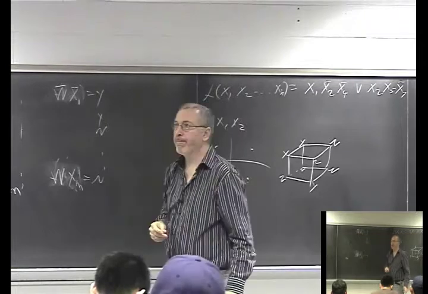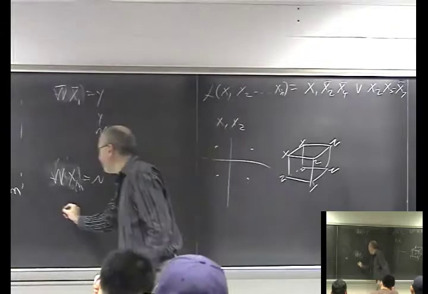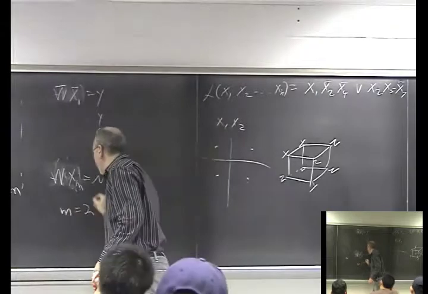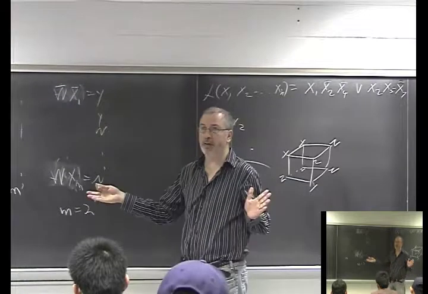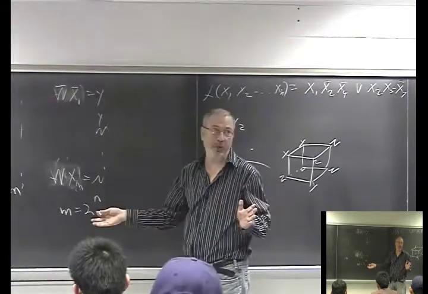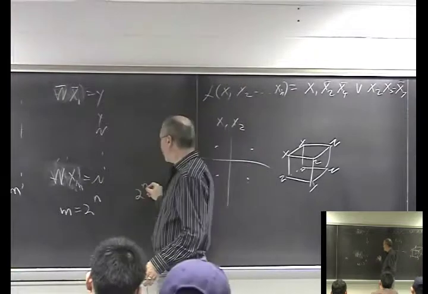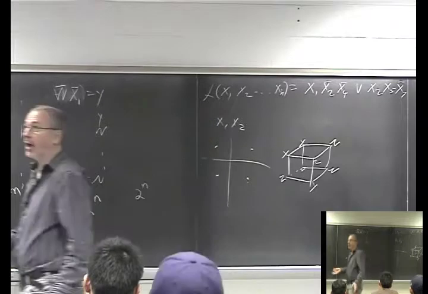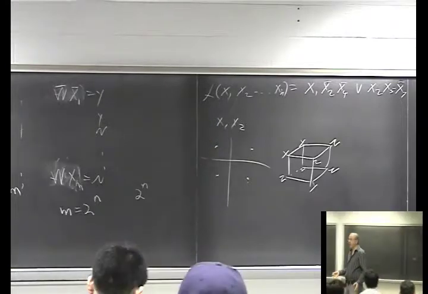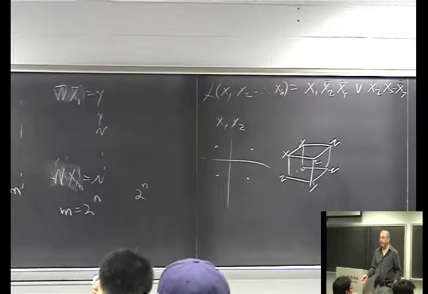The problem is that m is 2 to the n. For the full description of the function, there are 2 to the n possible inputs. So you have 2 to the n equations in n plus 1 variables, and you can try to solve it, and if there is a solution you say yep, it's linearly separable, and if there's no solution you say no, and that's fine.